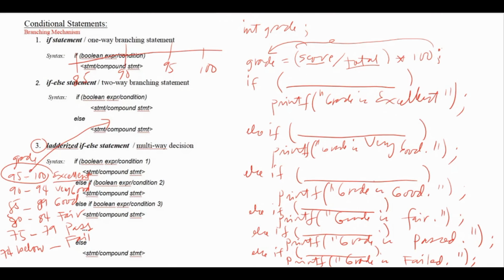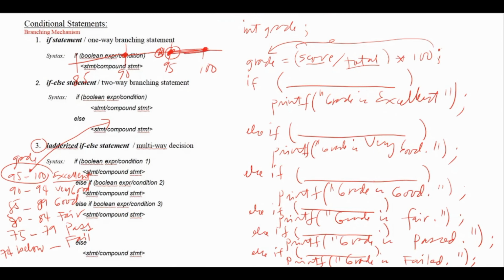So the range here is represented by this range, right? You have a solid circle to mean that 95 is included and also 100. In this case, 90 to 94, this would be solid and this would be open, right? Because 95 is not included. It's only 94 here.